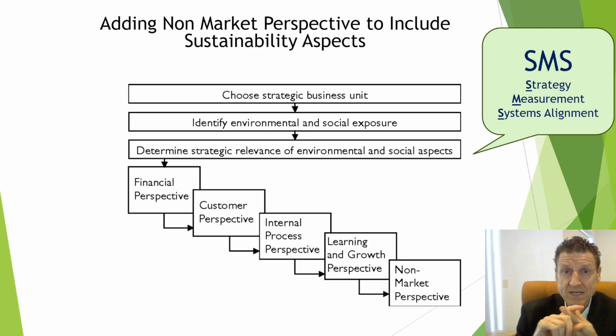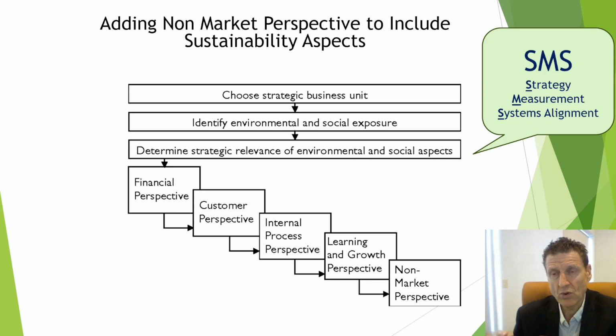Because it's all about the story of a company's strategy. It's all about the measurement of these different perspectives, not just operations, not just financial, but measuring customer satisfaction, measuring employee satisfaction, measuring employee training, measuring the environment. And it's about creating a linkage, a story between all these measures.